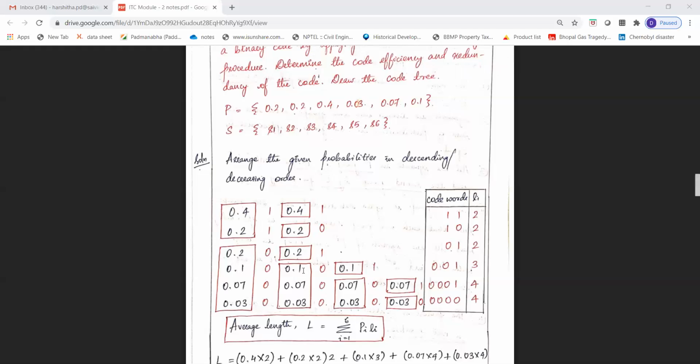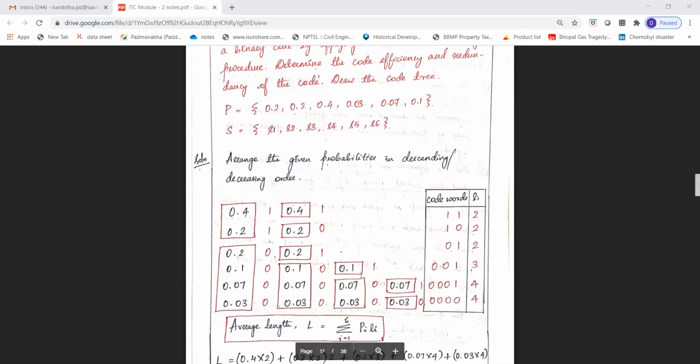Next, the only thing that I can divide into subgroups is the group 0.1, 0.07 and 0.03, isn't it? So how do I go about grouping this? Let me first add 0.03 and 0.07. I'll get 0.1. Now I already have 0.1 here. So this 0.1 is one group, and 0.07 and 0.03 is another subgroup.